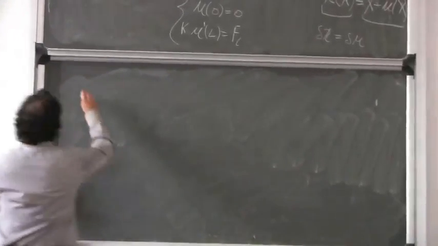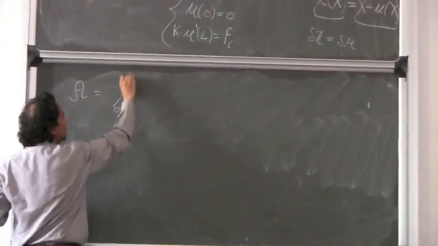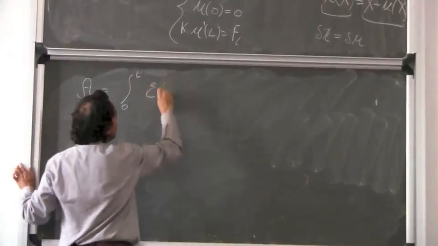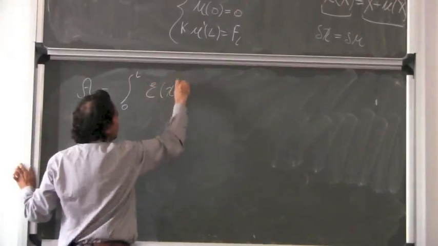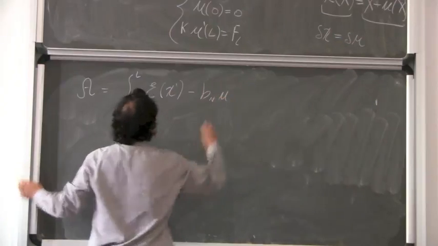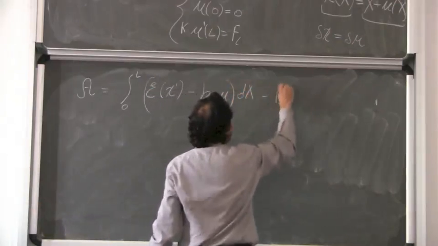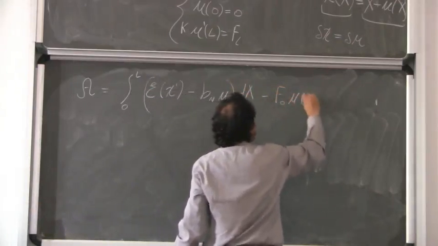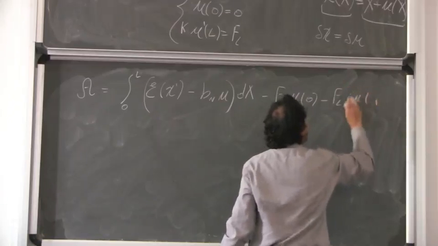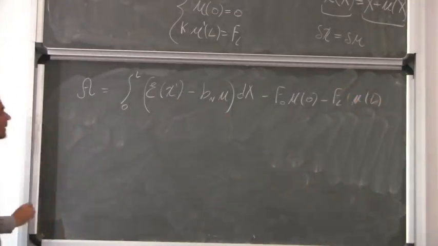So in 1D, we have said that the action was the integral from 0 to L of E prime minus E and U, minus F0 U F0 minus FL U FL. This we have done.